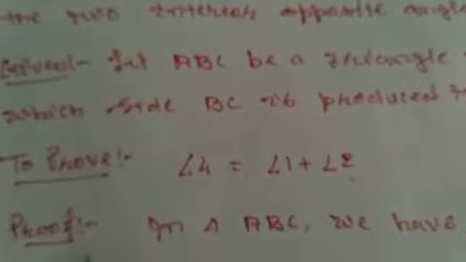So now come to the proof. In triangle ABC, we have angle 1 plus angle 2 plus angle 3 equals 180 degrees. We know that the sum of the angles of a triangle is always 180 degrees, which was proved in the earlier theorem.